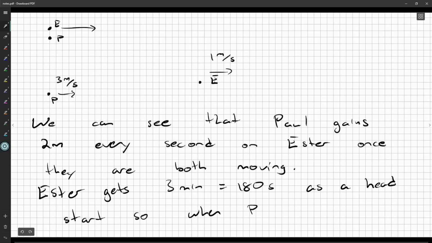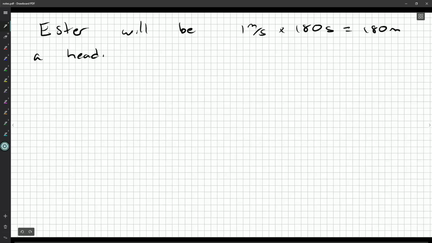So when Paul starts moving, Esther will be 1 meter per second times those 180 seconds. 180, of course, 60 seconds times 3 minutes. She'll be 180 meters ahead. And ahead, of course, is one word.